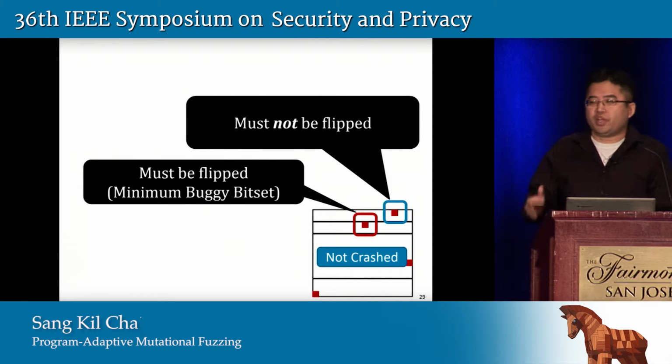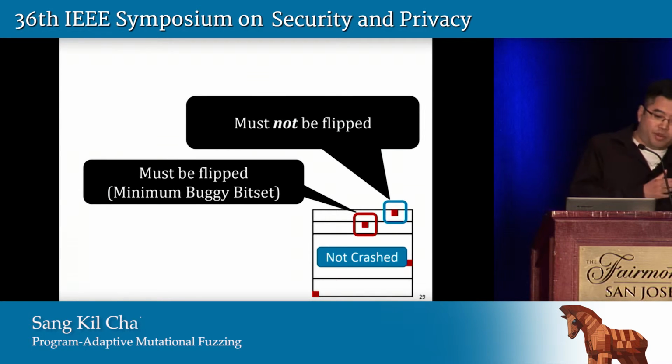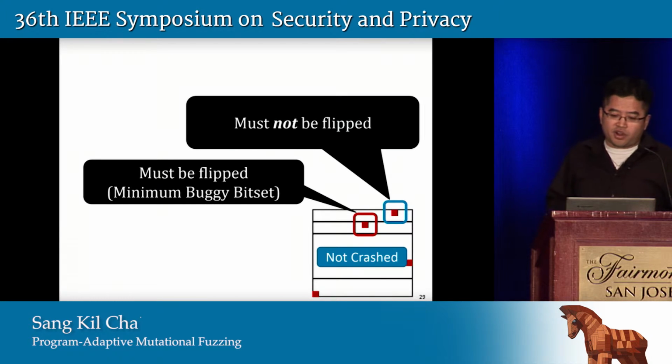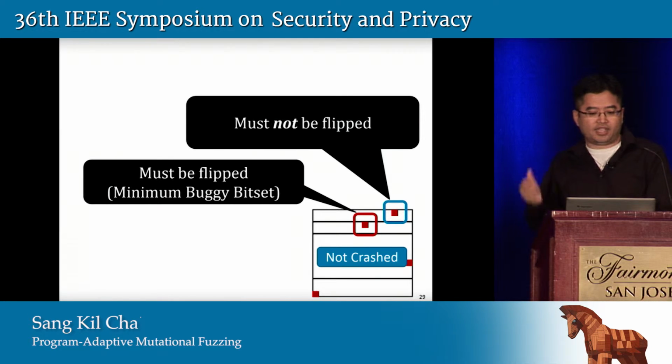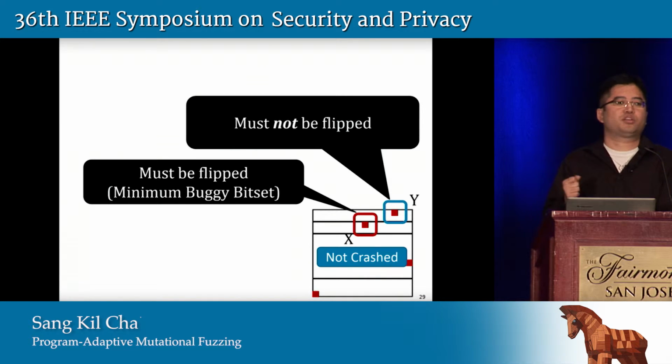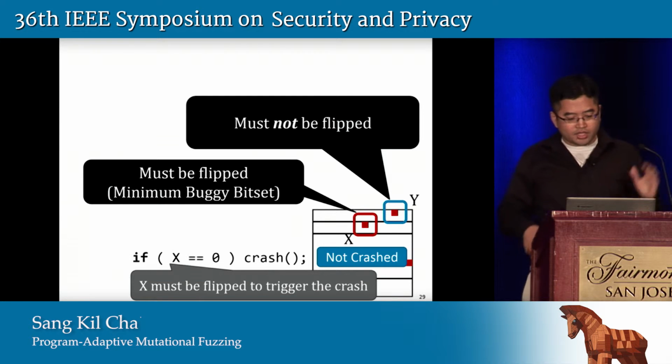Recall from the previous example I showed you that there are 2 kinds of critical bit positions. There are bits that must be flipped, and there are bits that must not be flipped. We notice that there is a certain relationship between these 2 kinds of bits. If we let the 2 kinds of bits be x and y respectively, then we know that there must be a control flow that checks the value of x as follows.